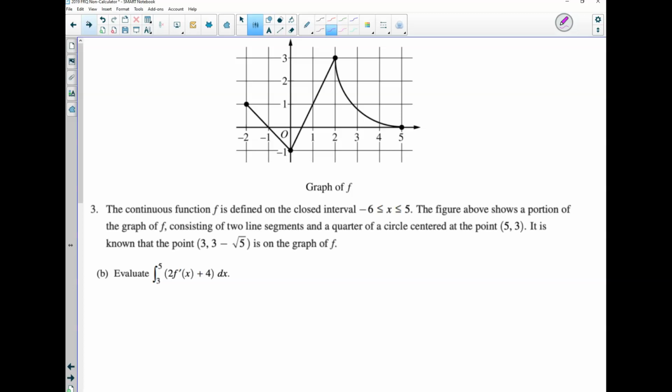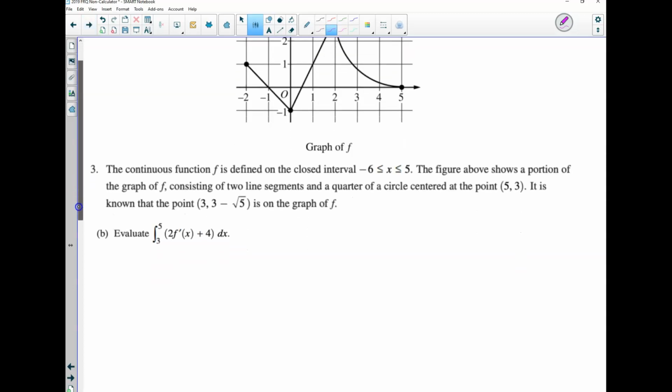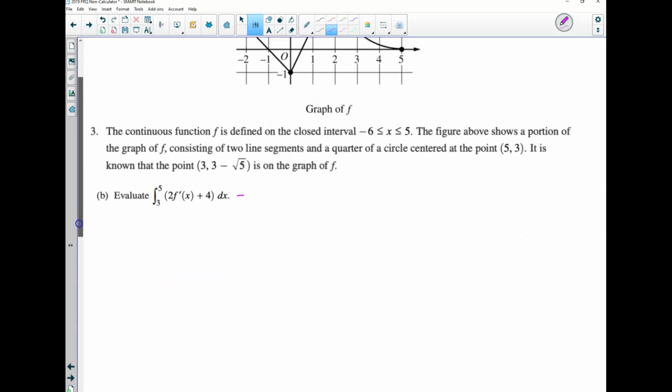Then for that same function, they want you to evaluate the integral from 3 to 5 of 2 times f prime of x plus 4. So if I integrate that, I know the antiderivative of 2 f prime of x is 2 times f of x, plus 4x, and we're going to evaluate that from 3 to 5.